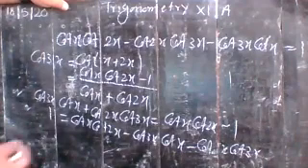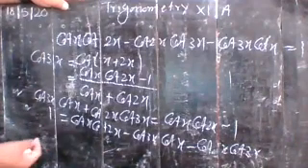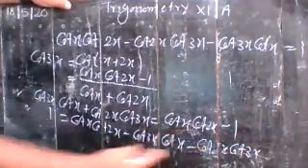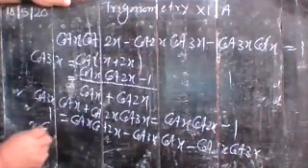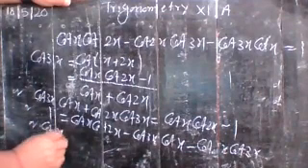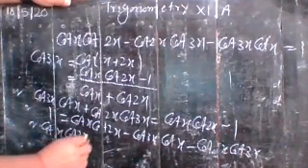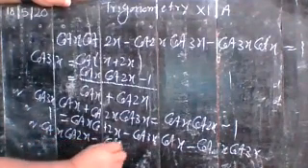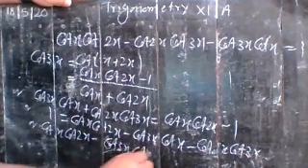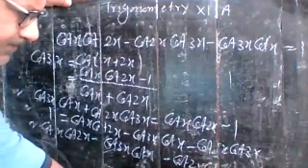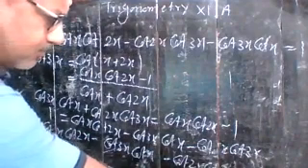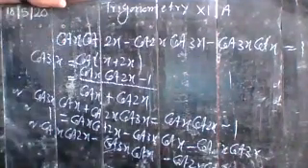Either way, the complete quantity is equal to 1. So you can also write it this way: cot x cot 2x minus cot 3x cot x minus cot 2x cot 3x is equal to 1, and your result is proved.